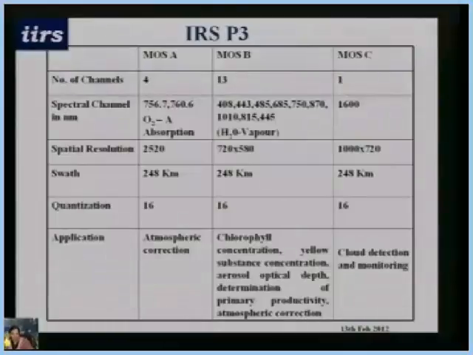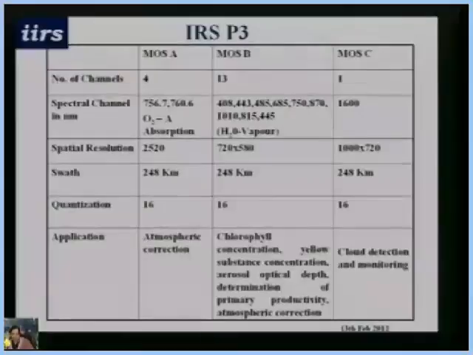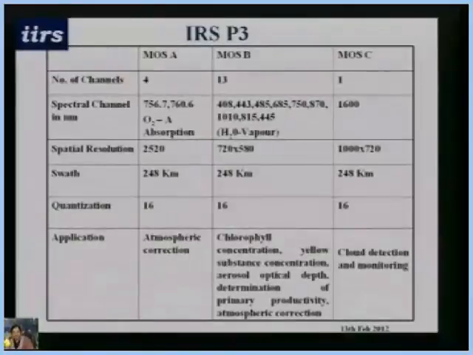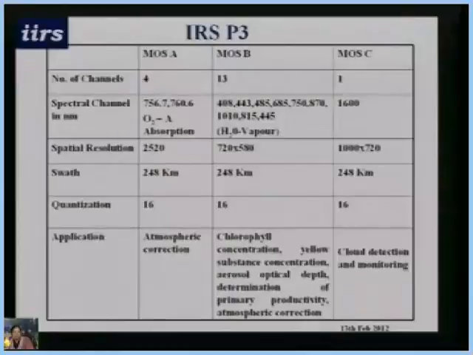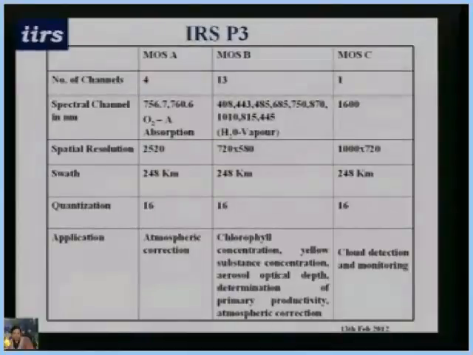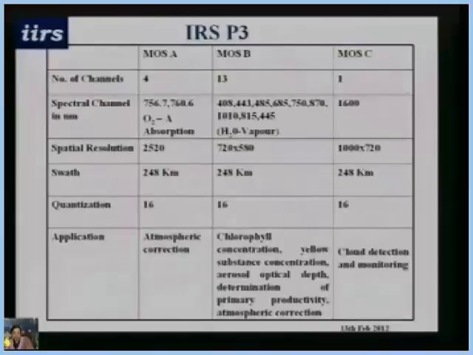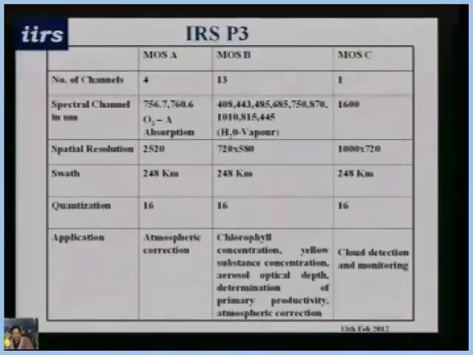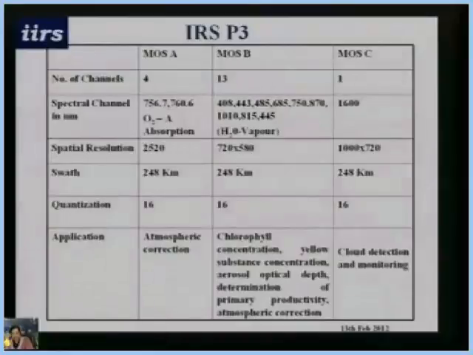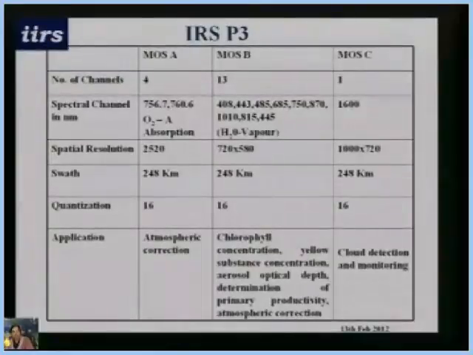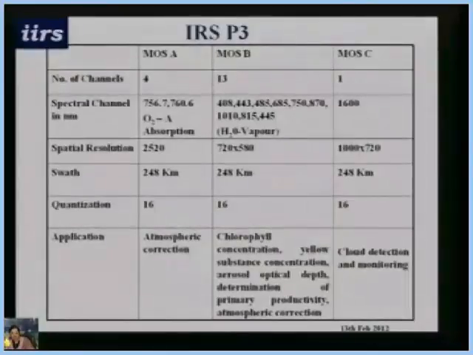So it had a radiometric resolution of 16 meters and spatial resolution around more than 700 meters, and again variable with different instrument, MOS A with around 2.5 kilometers, MOS B with around 7.2, and C as around 1 kilometer spatial resolution. But the bands chosen and the contiguity of the bands chosen was as per the application, like for atmospheric, aerosol and other studies, which the data, the processing and the output used from these can be used for atmospherically correcting the other broadband remote sensing data.